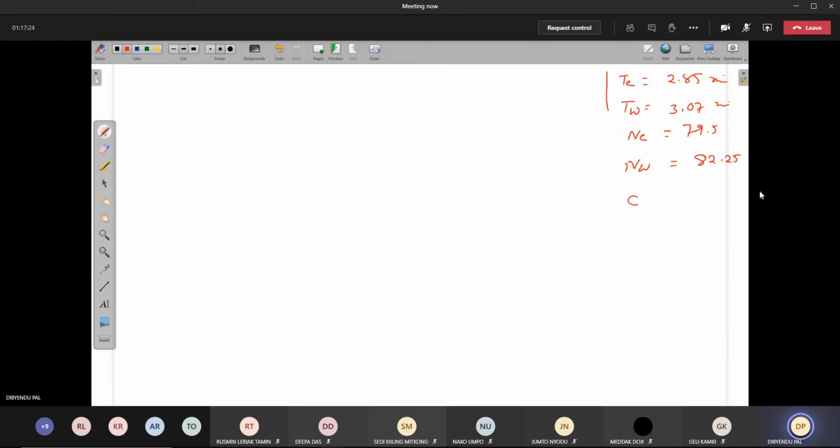Then OW, then OE, then PW and PE. OW is given as 1.25, OE is given as 1.00, PW is given as 0.875, and PE is given as 1.5.